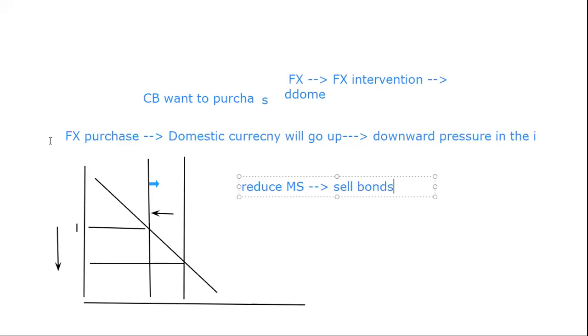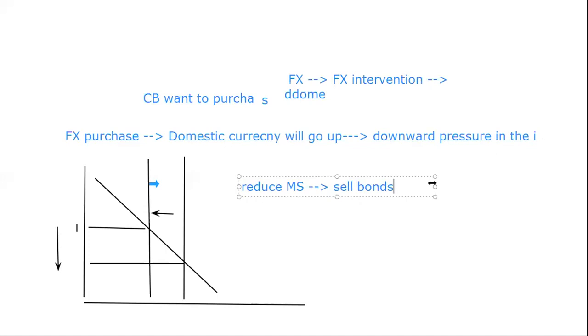If you are starting with foreign exchange selling, then the interest rate will go up. Upward pressure on the interest rate is not wanted in the economy. So to take the economy back to the initial stage, that means to increase the money supply back to the initial level, the central bank will purchase bonds.